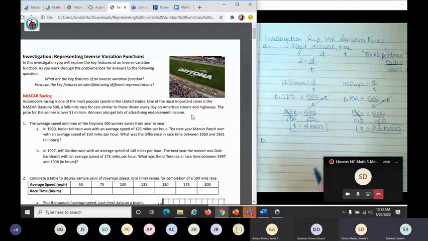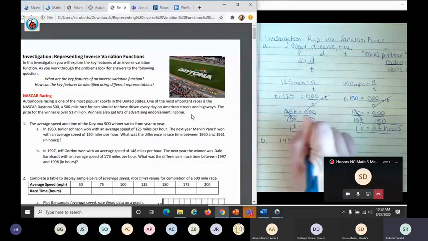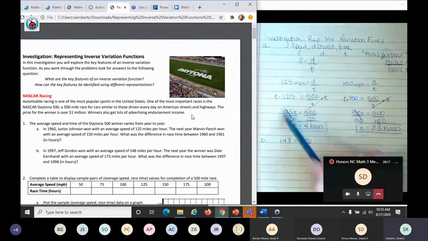Good. Okay, so I want to talk through what Shayla just did. So Shayla recognized that we have 148 equals 500 over T, okay? But doing that every time and then doing all of this algebra in between gets annoying.